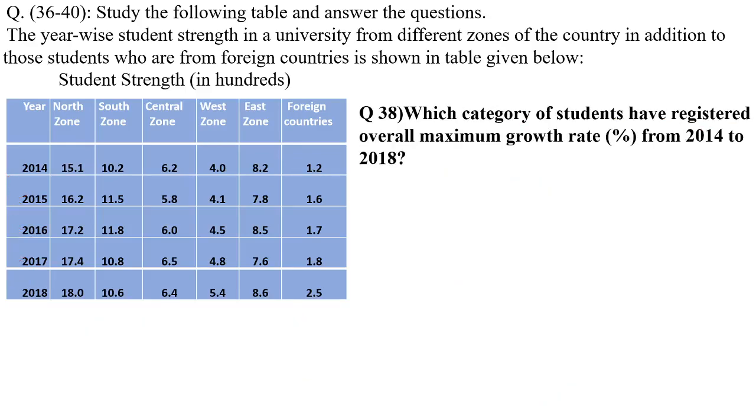Next question says, what category of student has registered overall maximum growth rate percent from 2014 to 2018? Which category of students has registered overall maximum growth rate? So you have to take from 14 to 18, and the maximum growth rate.